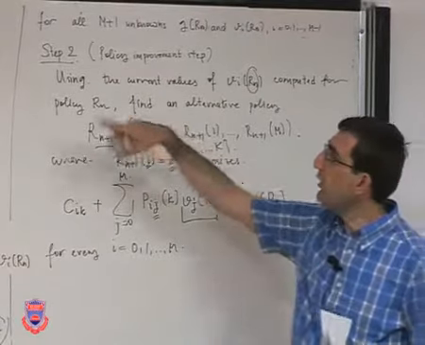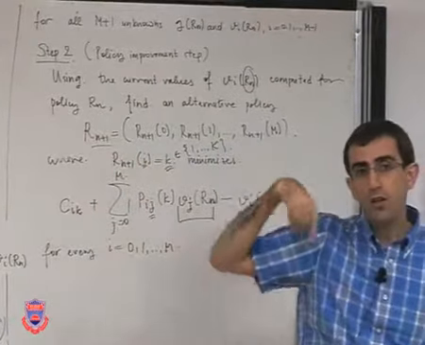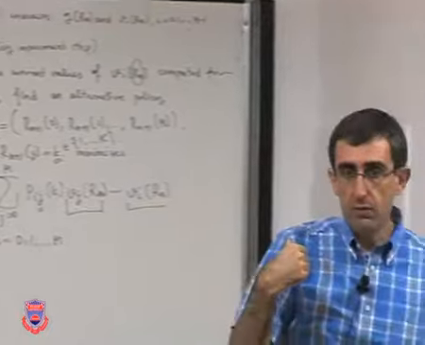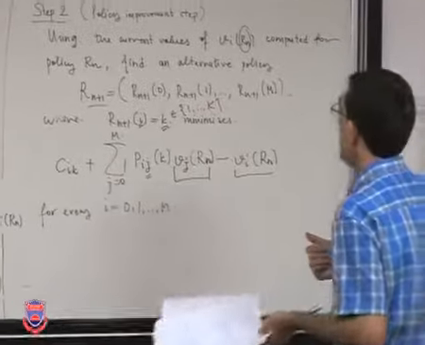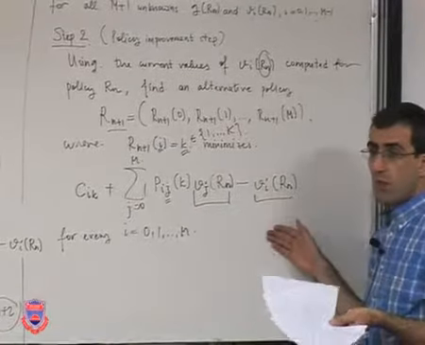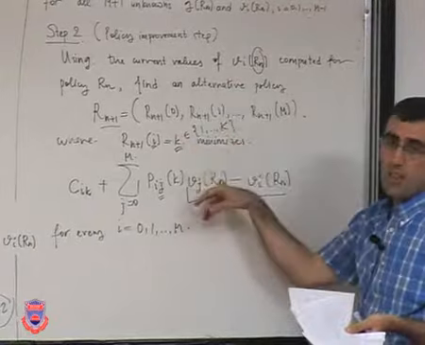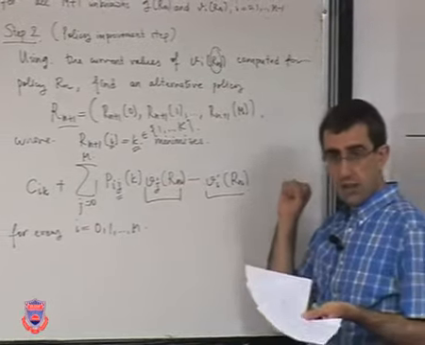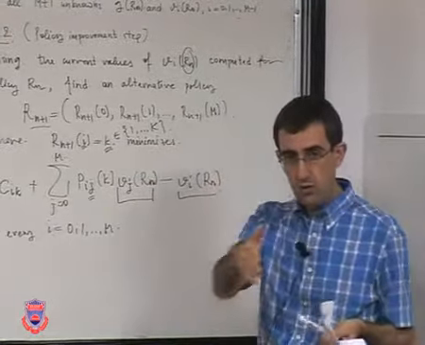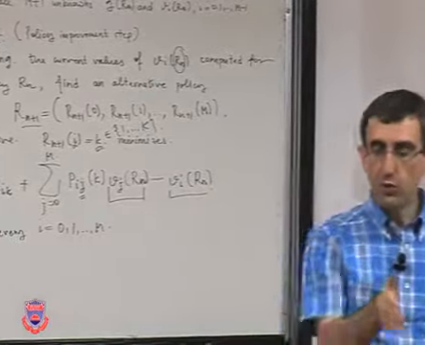So every time you enter this step, you are going to get out of the step with a policy which is at least as good as the earlier one. And until you find an optimal policy, the improvement in this step is going to be strict. So it is going to be driven to the optimal solution.